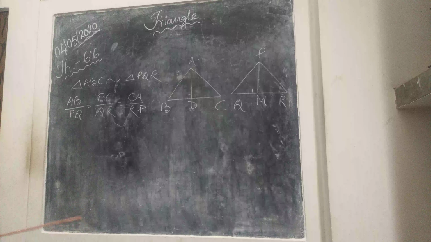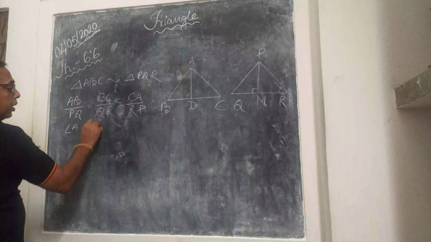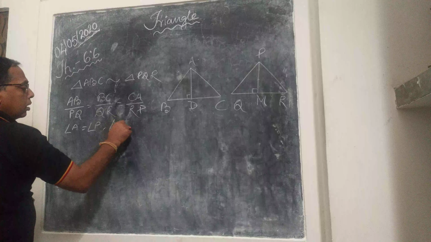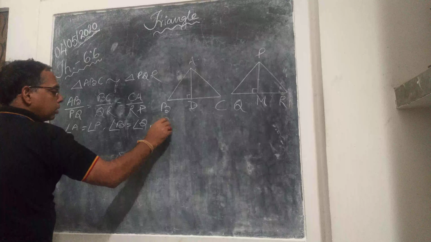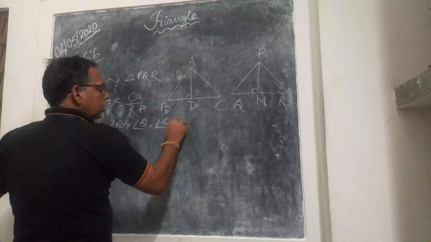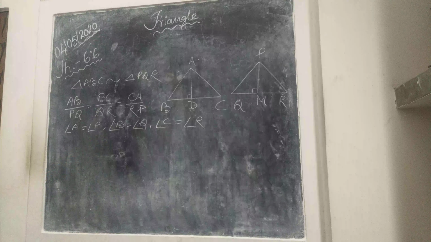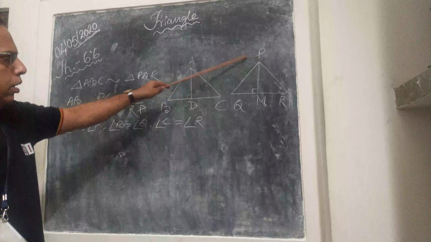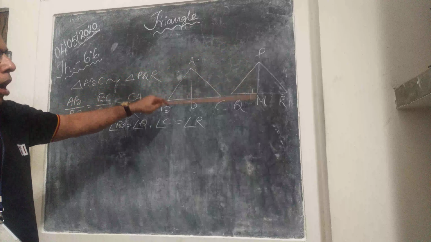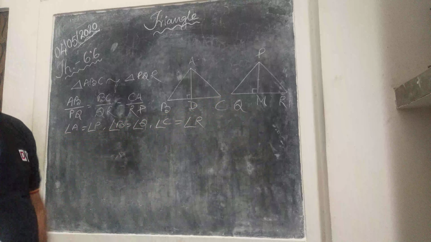This is the first, and the second is that angle A equals angle P, angle B equals angle Q, angle C equals angle R. Now here you have to write: from A and P, AD and PM are drawn perpendicular on BC and QR respectively.